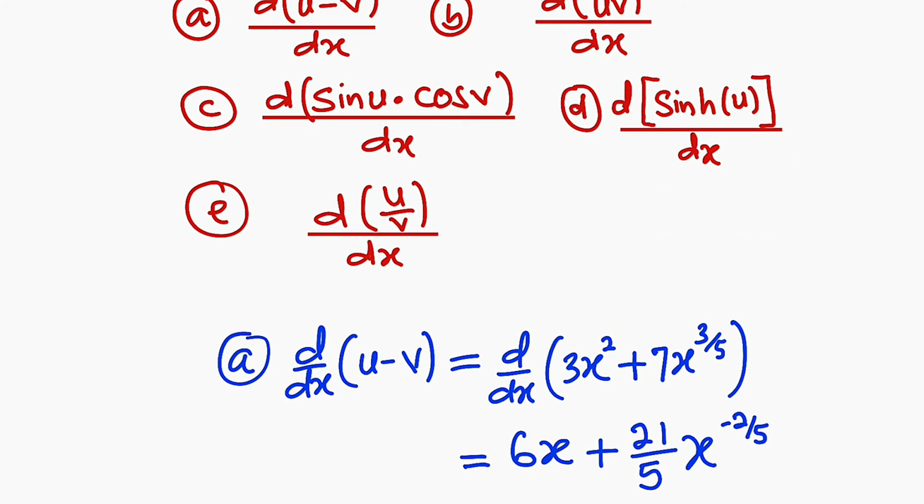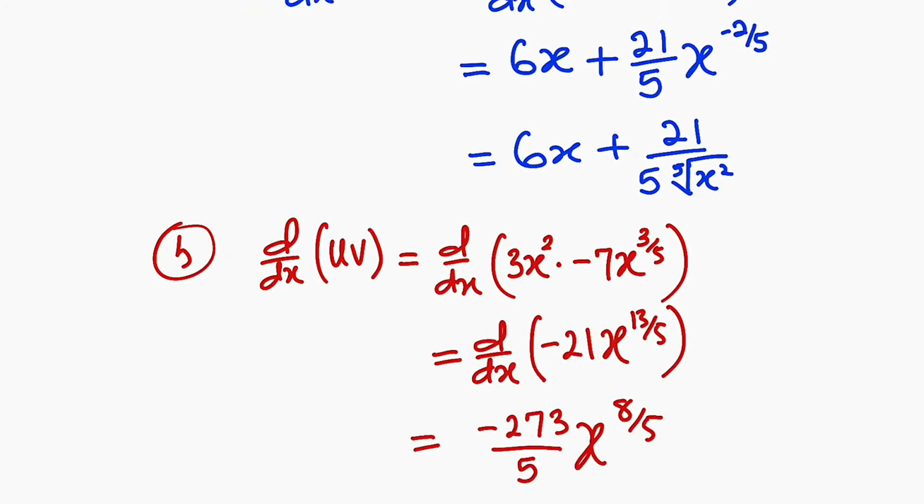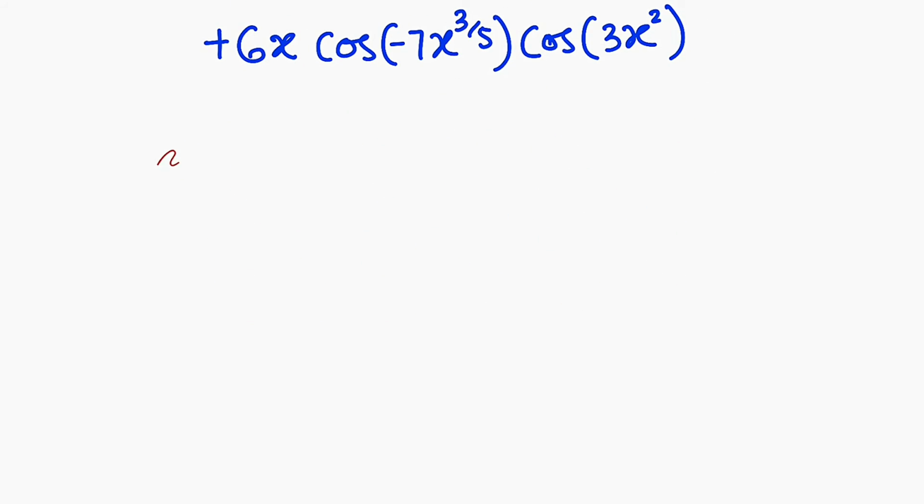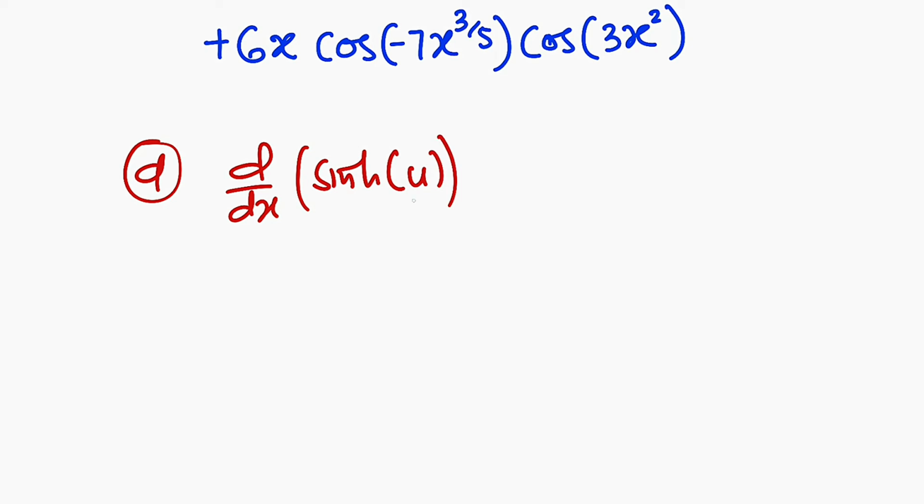Question number 4, we want to find the derivative of the hyperbolic sine of u, which is sin u. So d over dx of sin u, this is equal to d over dx of sin u, remember, u is 3x squared.